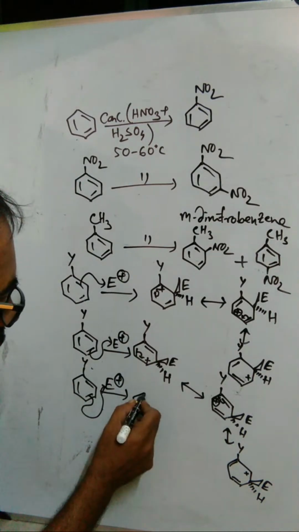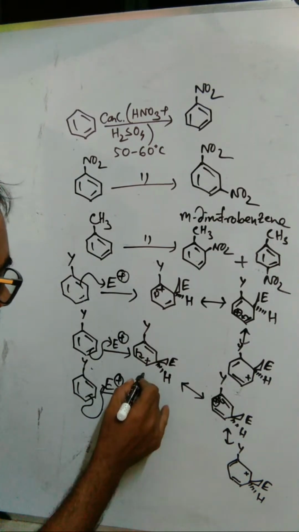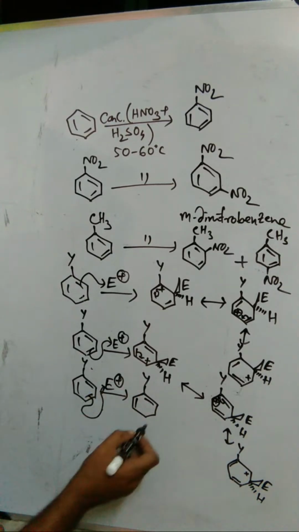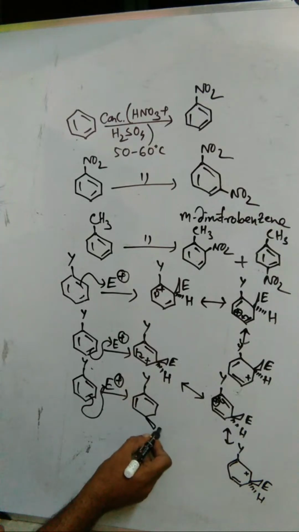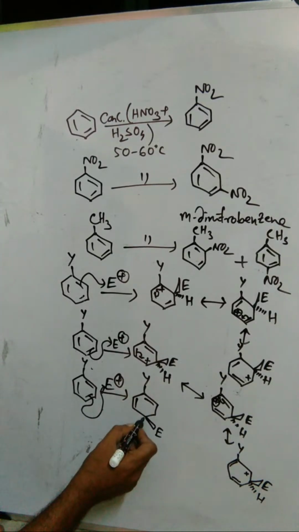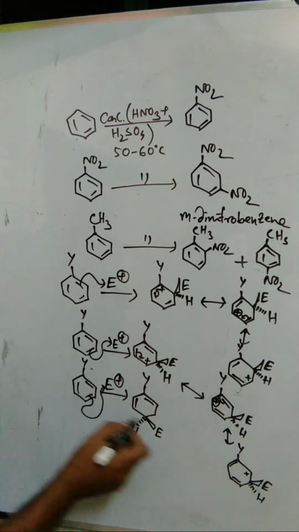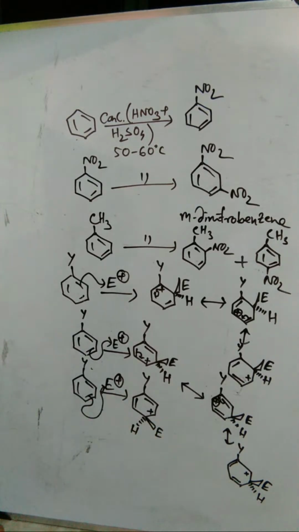So in the structure of the carbocation, these two bonds remain intact, the electrophile comes above the plane, and the hydrogen already present there will be below the plane. The bond is broken from this carbon, so this carbon will carry a positive charge.